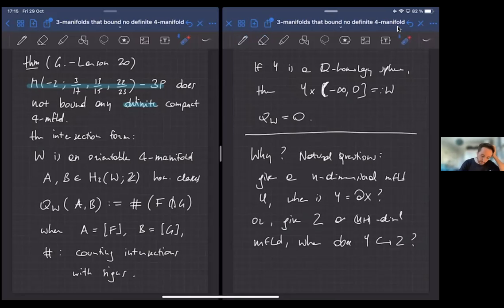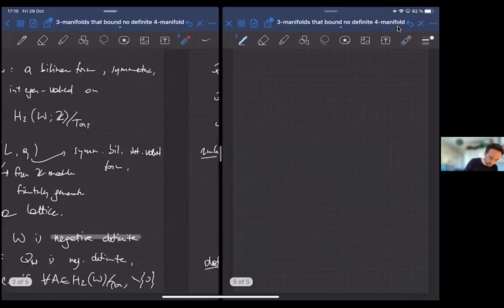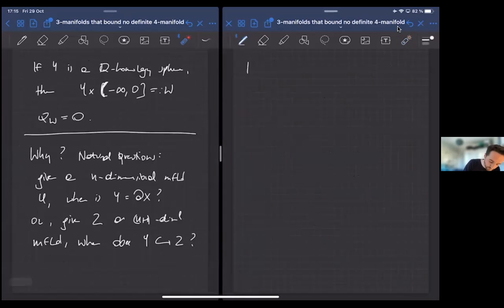And well, both are very, very classical questions. And we have some answers, of course. And one answer is this theorem of Rochlin from the 50s that tells us that, in fact, every three manifold bounds a four manifold, which in fact we can choose to be compact.